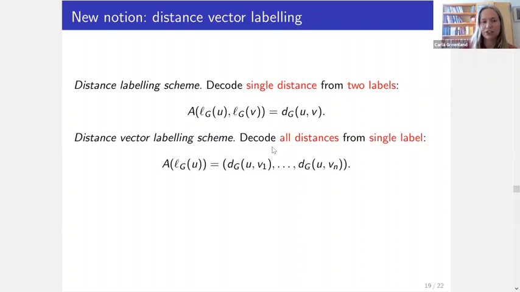So we've introduced this notion now of a distance vector labeling scheme, which is quite a bit stronger at first sight, because now instead of finding a single distance, we're going to get all the distances, and instead of giving it 2 labels, we'll only give it a single label. So the distance vector labeling scheme, from a single label, it needs to give you the distance of the vertex u to all the other vertices in the graph.